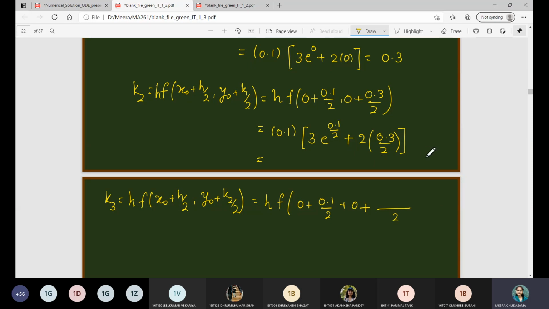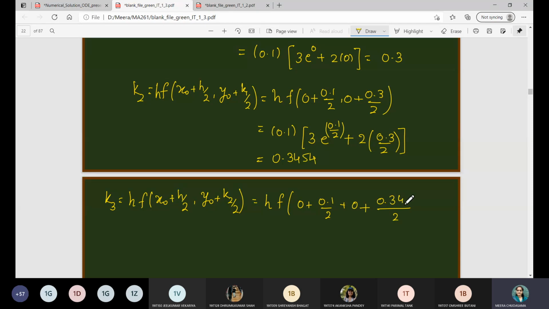If you are writing the entire expression in the scientific calculator, don't forget to consider parentheses over here. Otherwise, it will not give you the correct answer. Or you can simplify this: 0.1 by 2 is nothing but 0.05, right? Has anyone computed it? 3.3454, right?